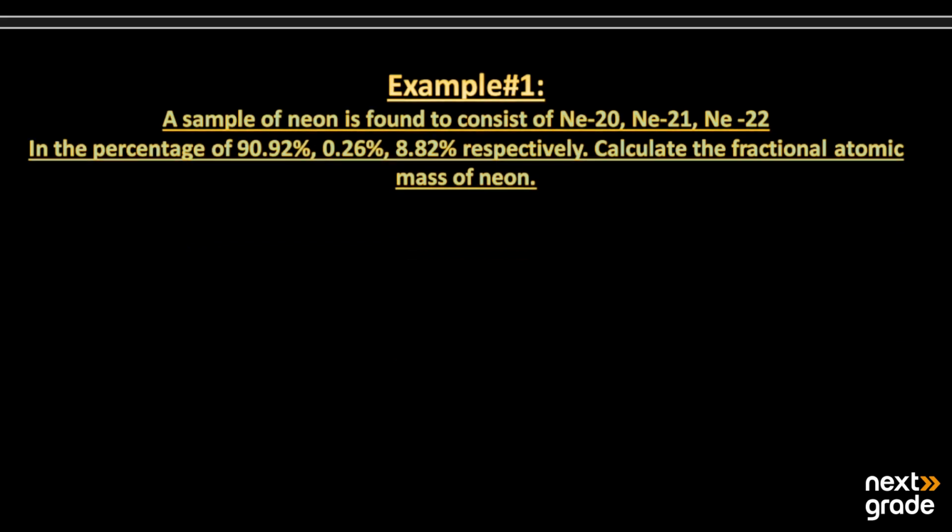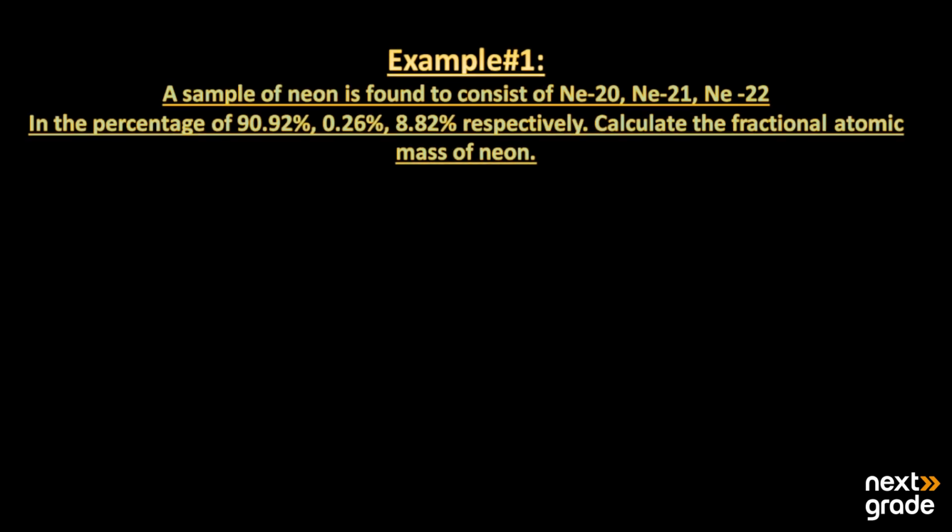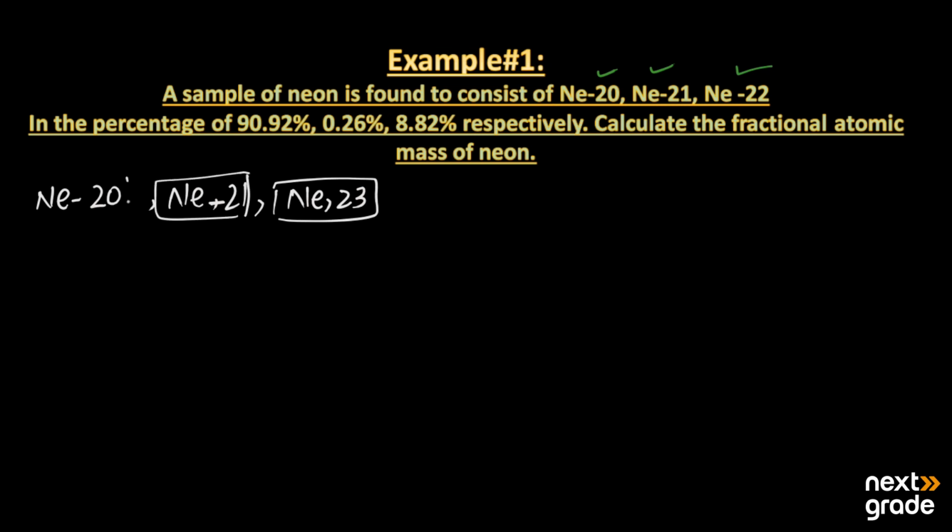For this purpose we have to solve the problem. Here we have a sample of neon consisting of neon-20, neon-21, and neon-22. So we have the three isotopes of neon, present in the percentages of 90.92, 0.26 and 8.82 respectively.